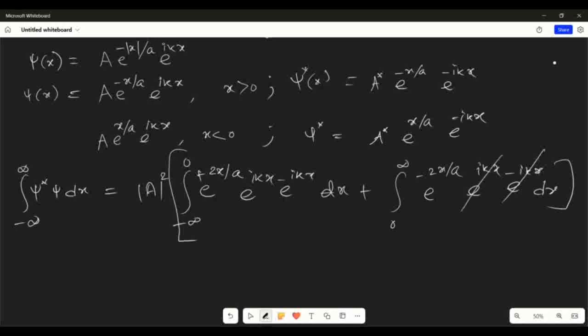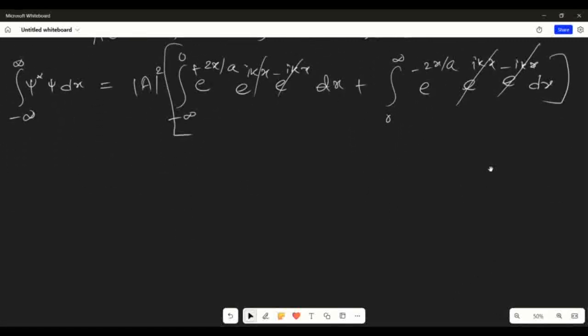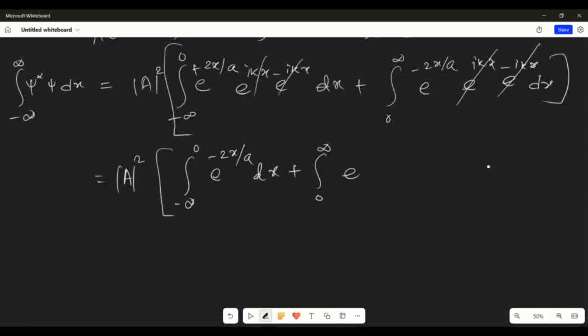So this exponential factor cancels out, and we are left with |A| squared times the integration from minus infinity to 0 of e to the power 2x/a dx, plus 0 to infinity of e to the power minus 2x/a dx.